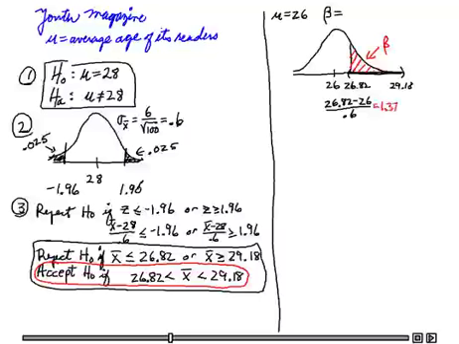Now, what about the other side of the interval, the 29.18? Again, subtract 26 divided by 0.6. This turns out to be, if I do this calculation, 5.3. 5.3 is 5.3 standard deviations to the right.